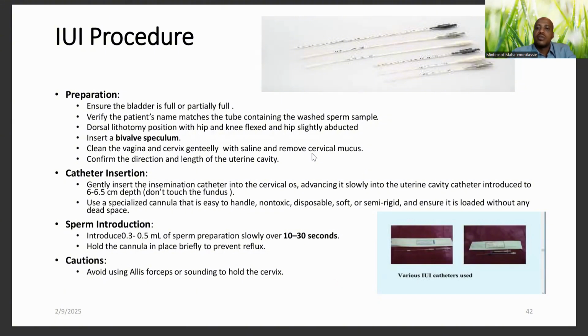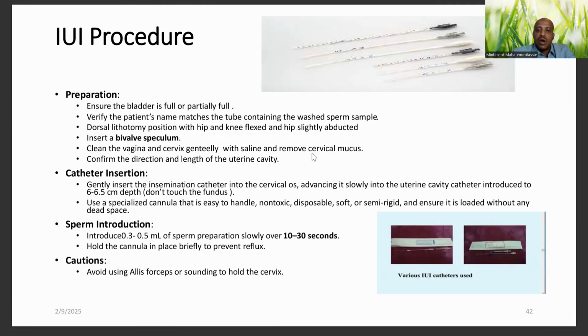We have to remove cervical mucus. Before any procedure, especially during cycle monitoring, you have to know the direction and length of the uterine cavity. After that, the catheter should be inserted very gently into the cervical canal. You have to insert 6 to 6.5 centimeters. You should not touch the fundus of the uterus during the procedure.